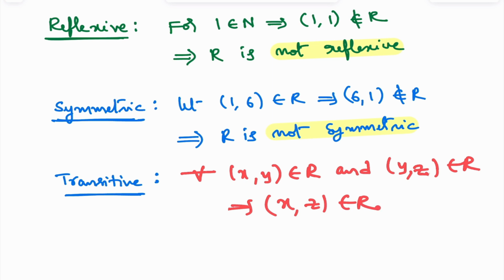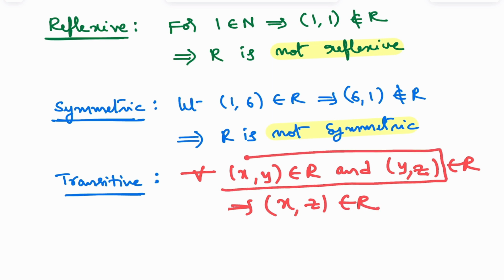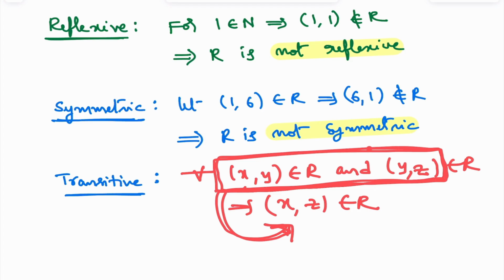Now, if such ordered pairs x comma y and y comma z don't exist in the relation, in that case no need to check for x comma z. We say that the relation is transitive. Try to understand: only if x comma y and y comma z exist in the relation do we look for x comma z. If they don't exist, then no need to check this condition and we say that relation is transitive.